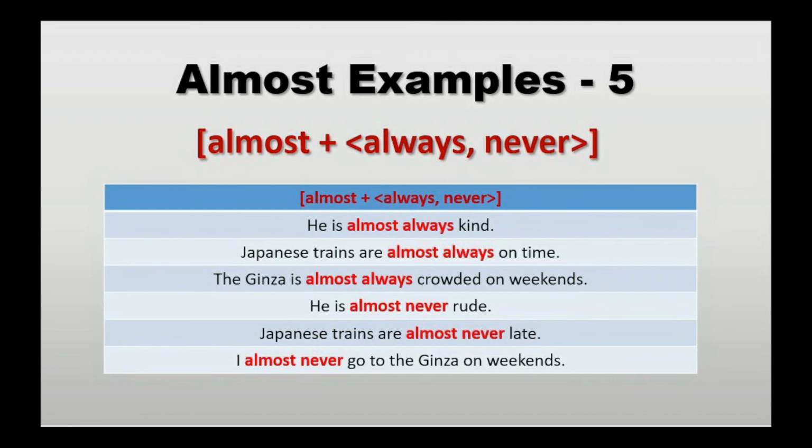And the final one, again, we're going to have to pause two times. So let's please listen. I'll read it slowly first. I almost never go to the Ginza on weekends. More quickly. I almost never go to the Ginza on weekends. Okay, how did you do?